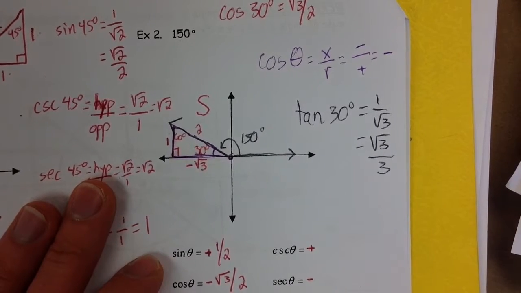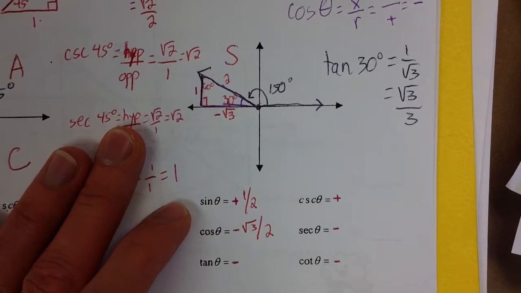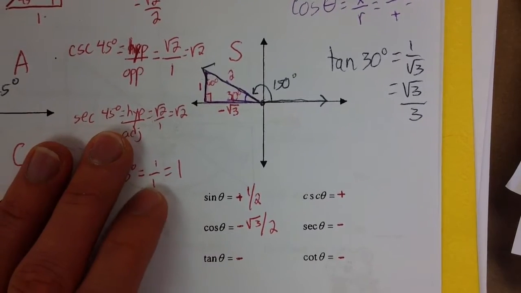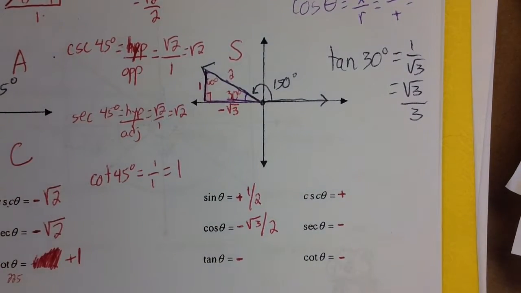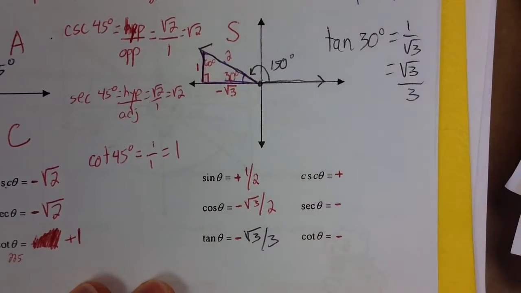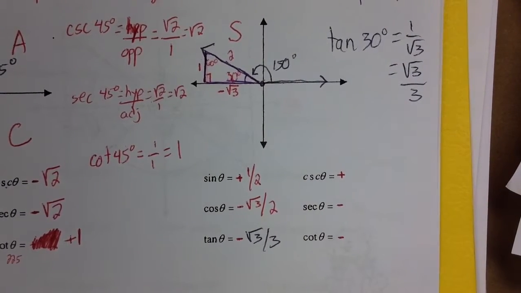Okay? And then, Terry, in the second quadrant, is tangent positive or negative? It's negative. Therefore, the tangent of 150 degrees is? Negative root 3 over 3. Okay. Any questions there?